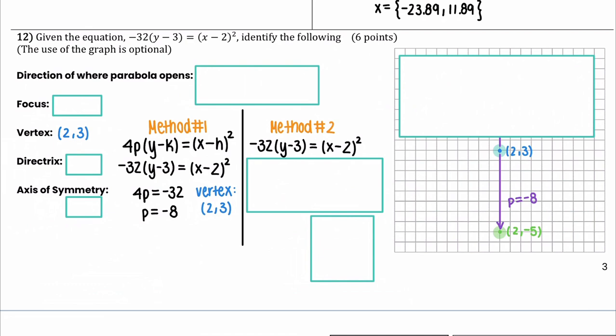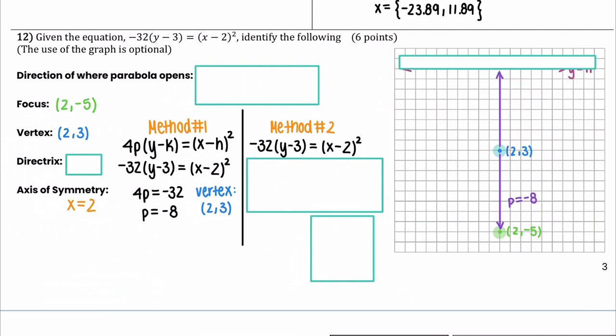So p equals -8 goes down by 8 units, forcing our focus to become 2, -5, because the y values are changing since we're going down. We have 3 minus 8 gives us -5, so our focus is 2, -5. Because these two points exist on the axis of symmetry, they both share the x value of 2, so our axis of symmetry is x equals 2.